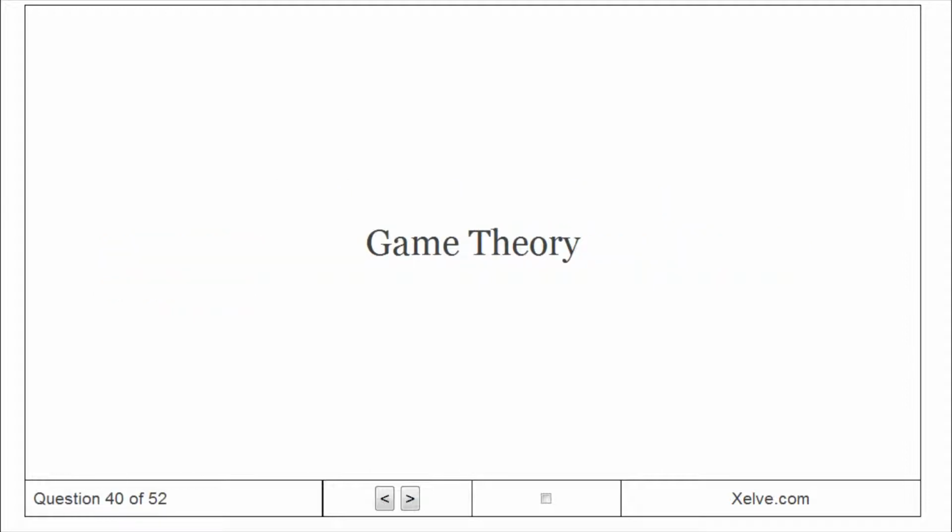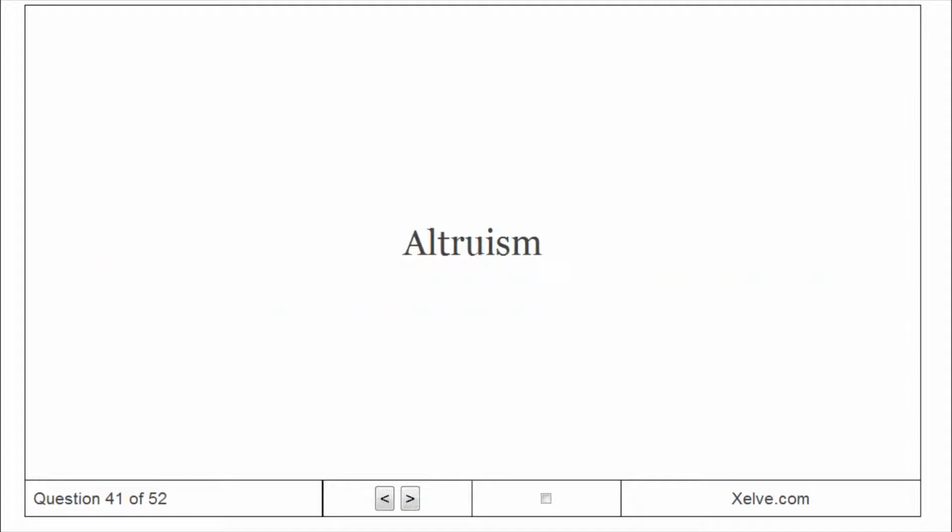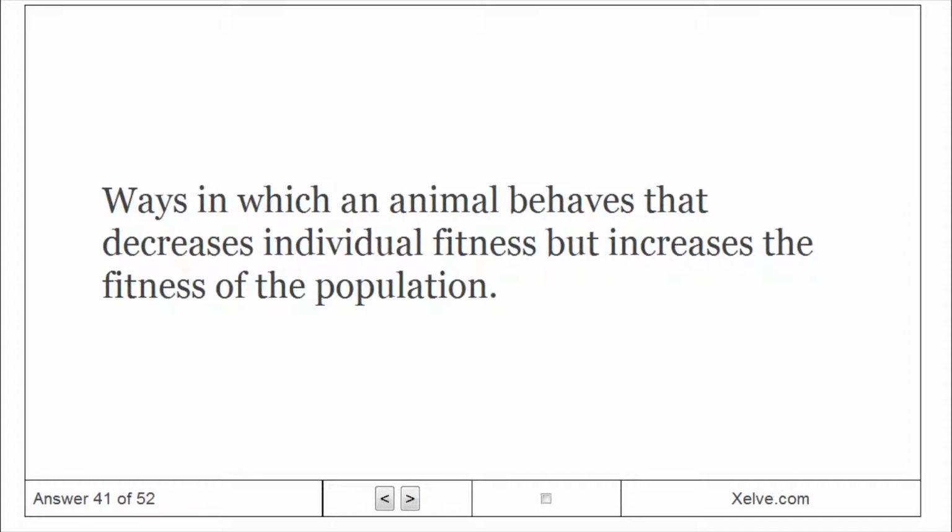Game theory: evaluates alternative strategies in situations where the outcome depends on the strategies of all individuals involved. Altruism: ways in which an animal behaves that decreases individual fitness but increases the fitness of the population.